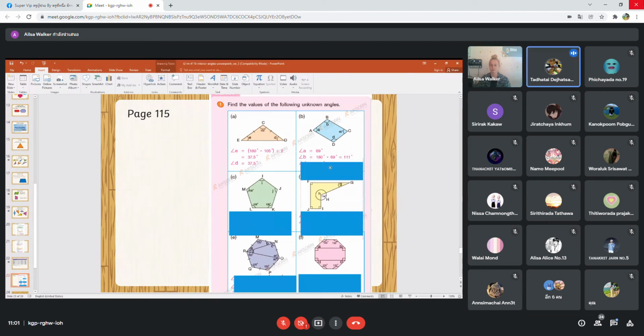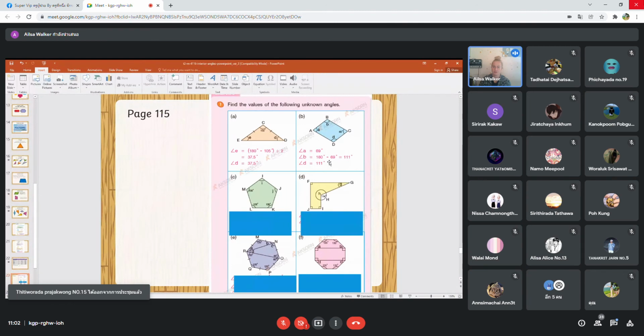So we can do 180 minus 69. These angles will add to 180. So this angle will be 111, angle D.